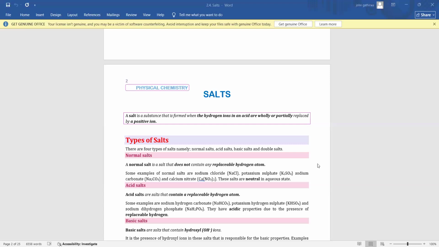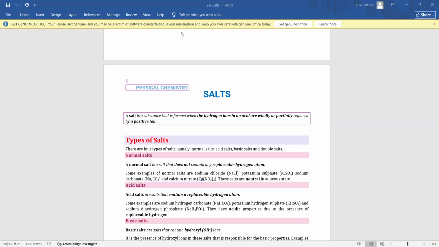Lastly, someone will give us a definition of a double salt. Yes, Samuel. These are salts that contain two different cations or anions.